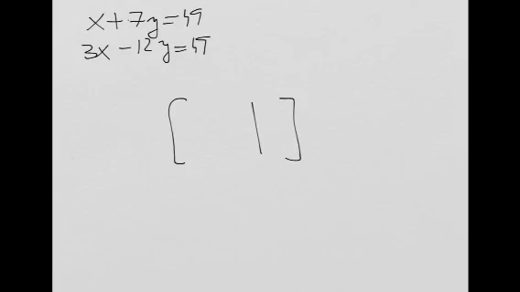So I'm going to put the coefficient of x is 1, the coefficient of y is 7, then the 49 is the free term, then the coefficient of x is 3, the coefficient of y is negative 12, and this is actually 48.